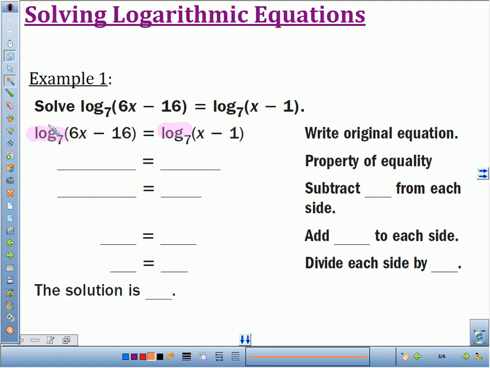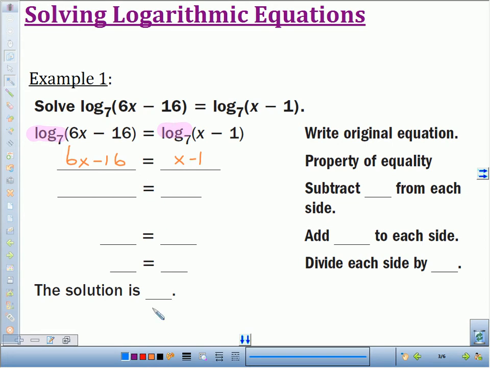If they're both log base 7, and that's all I've got, then according to that property of equality, 6x minus 16 must equal x minus 1. And that is an equation that we can solve straight up.